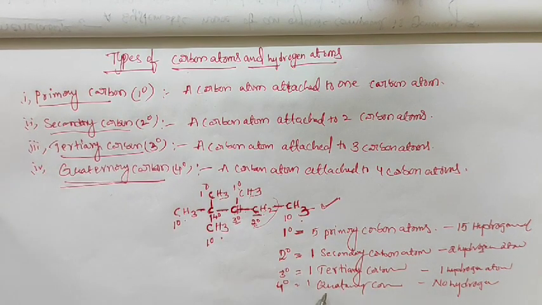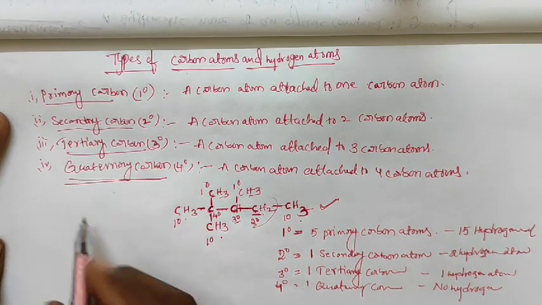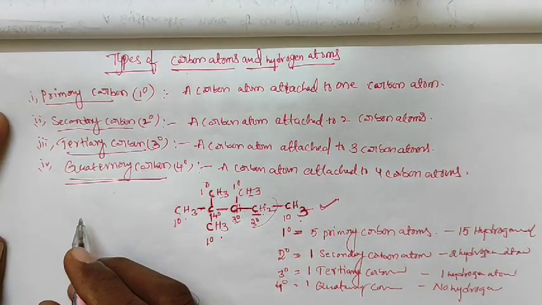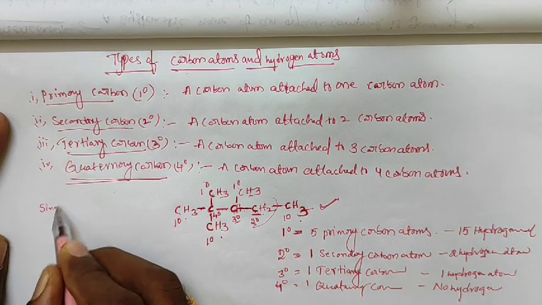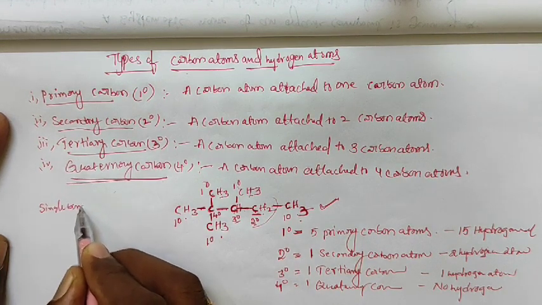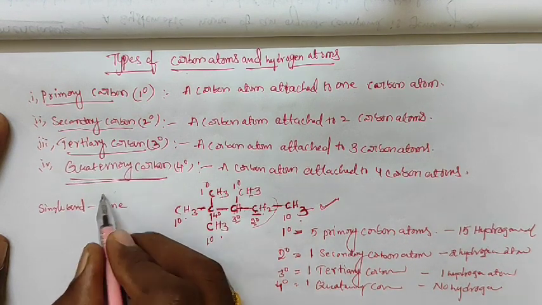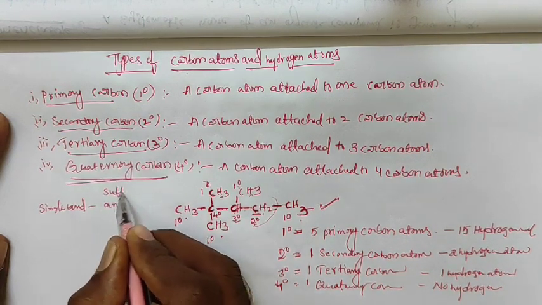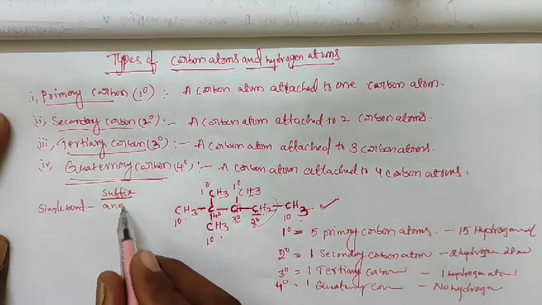For example, you already know that for a single bond we should write 'ane' as the suffix. The suffix will come after the name.